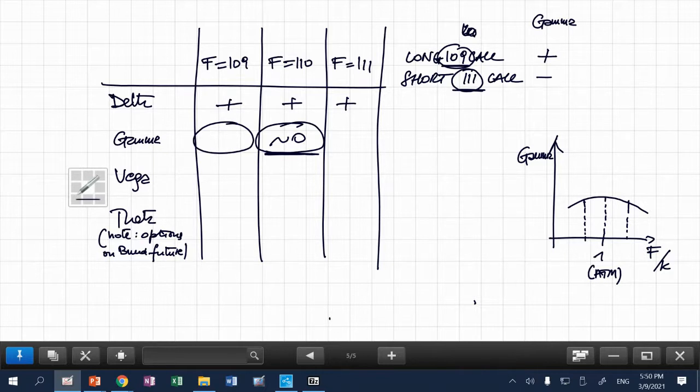If the future trades at 109, gamma is going to be now either positive or negative, because one of the two options is going to have a higher gamma. Take 30 seconds to think about which of the two has the higher gamma, and as a consequence, whether gamma is positive or negative.